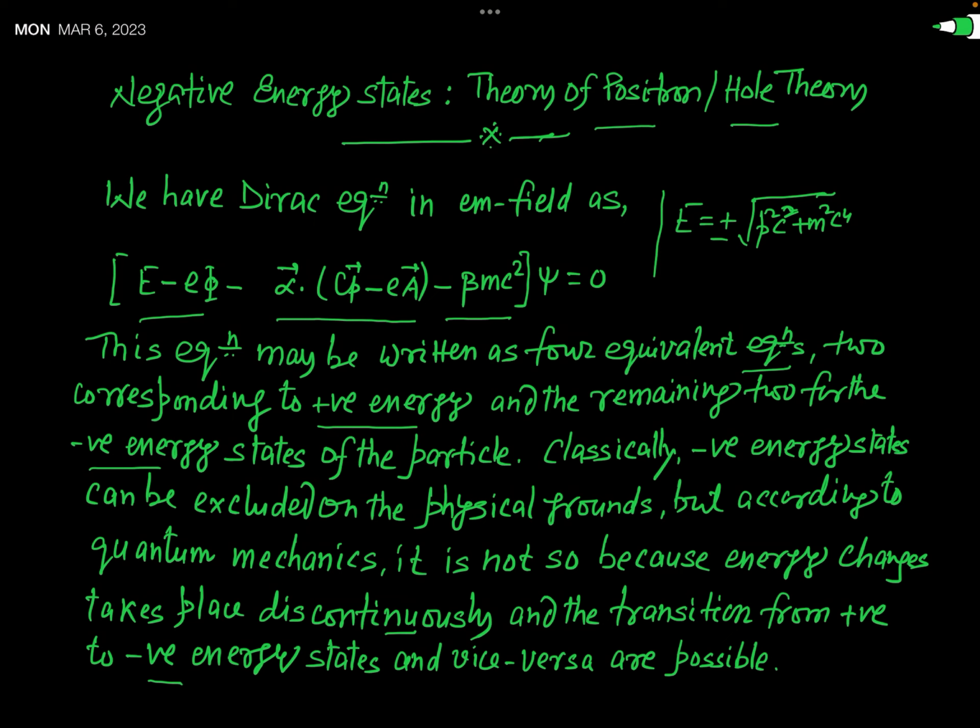In fact, till now you have studied several successful explanations of different phenomena on the basis of Dirac theory, like the spin and magnetic moments of the electron, which Dirac theory successfully explains, or you can say of the Dirac particle.